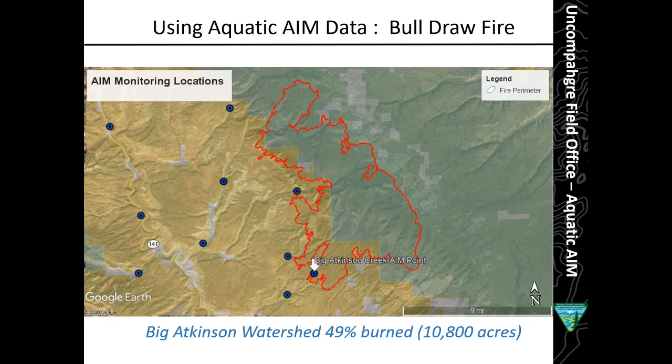So we had a number of points on stream systems downstream of the fire, and 1 point on Big Atkinson Creek that was actually in the fire. The Big Atkinson watershed burned 49% of the watershed, or 10,000 acres or so. Next slide.